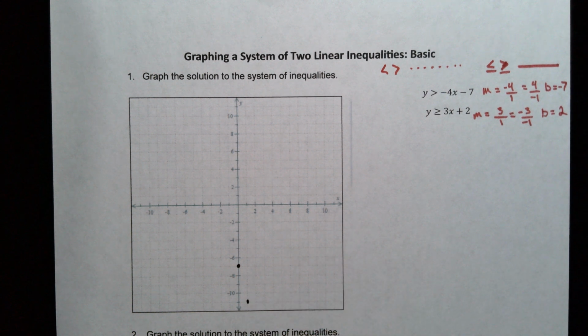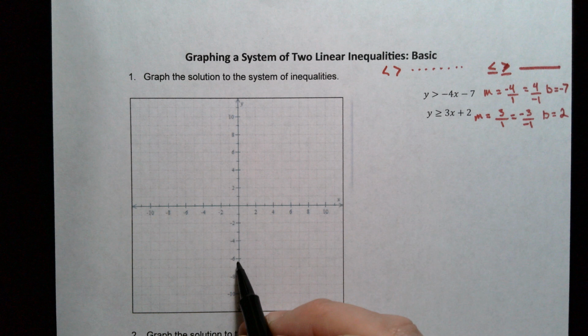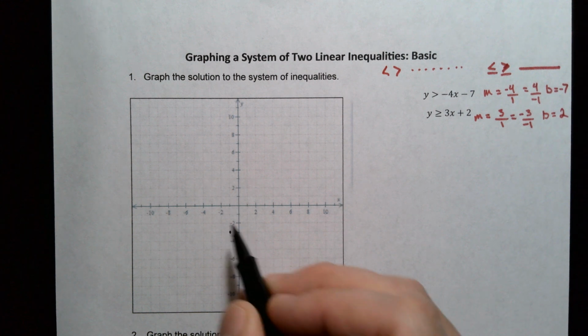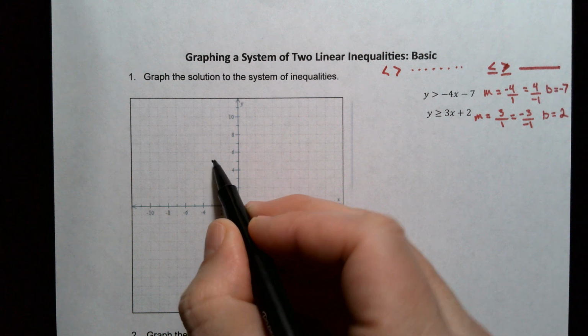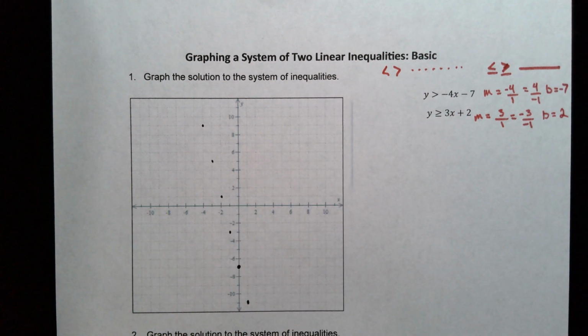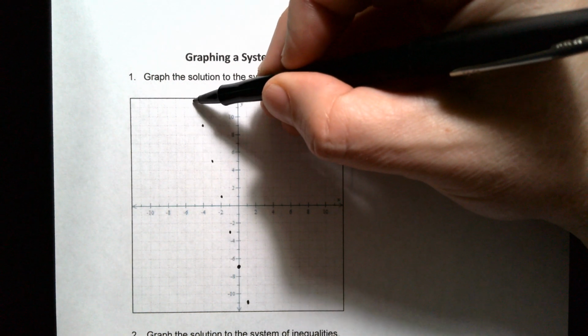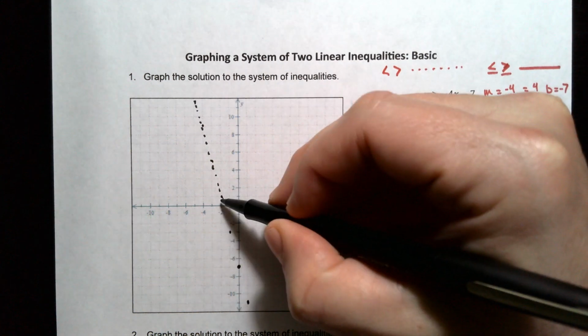Can't go any more that way or I'll be off the graph. So instead I'll use the up 4, left 1, here we go. And that one's going to be a dotted line, so let's do that here. Dotted line for line number 1.